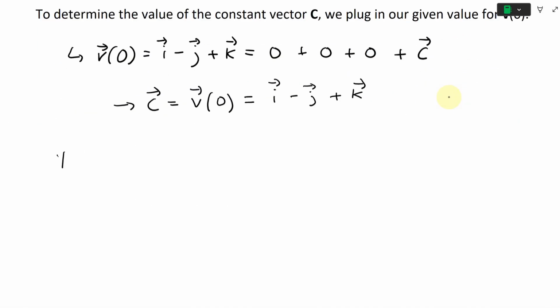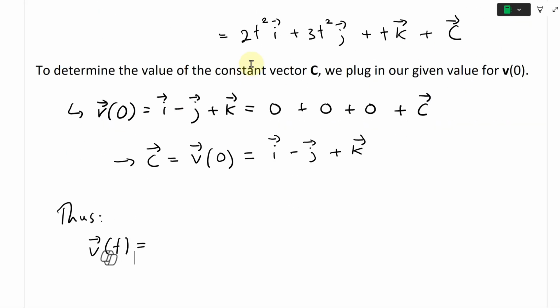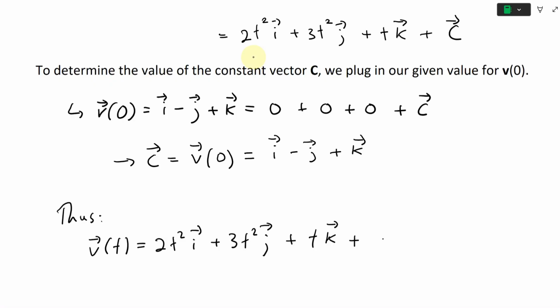Yeah, so thus our velocity right here, we just plug in the value for c there. So v of t is equal to, let's plug these in, 2t squared i plus 3t squared j, and then plus t k, and then plus i negative j plus k.